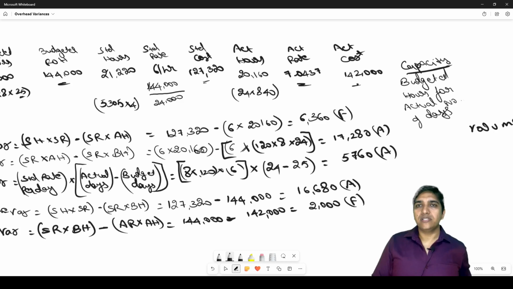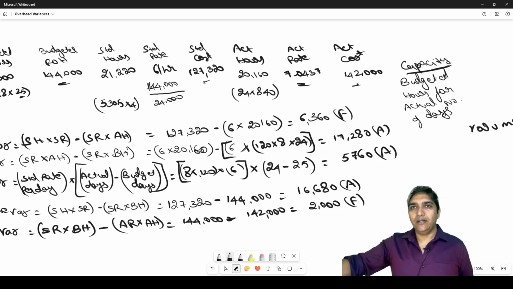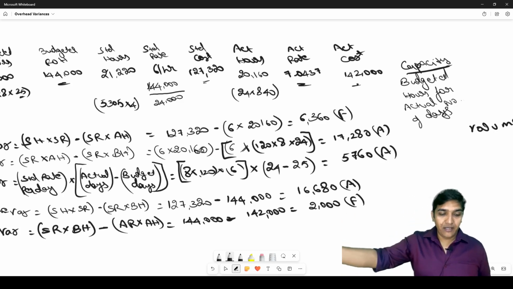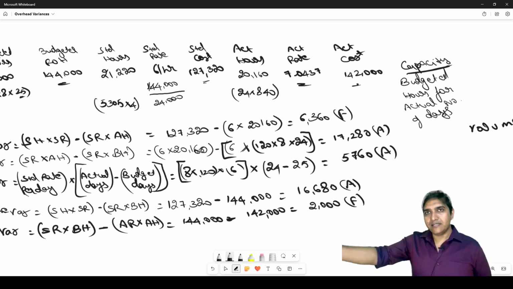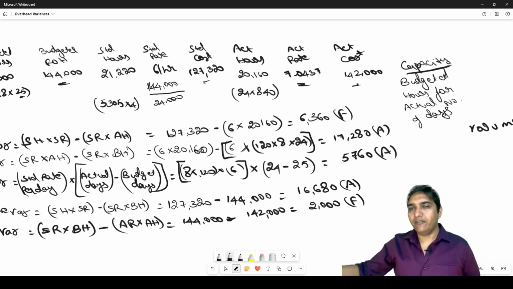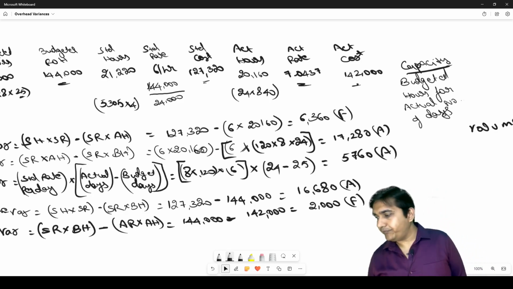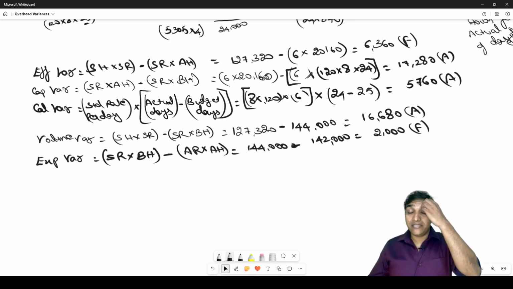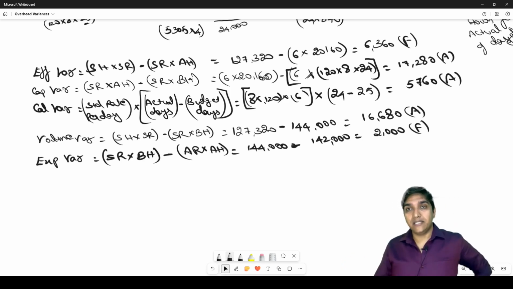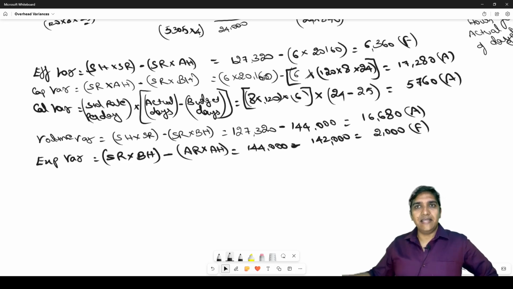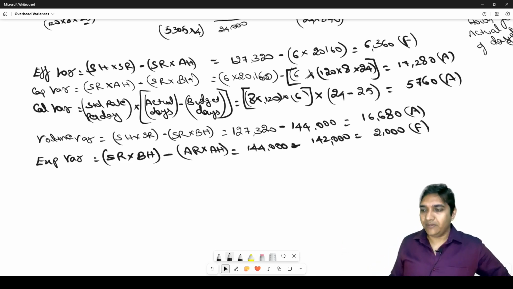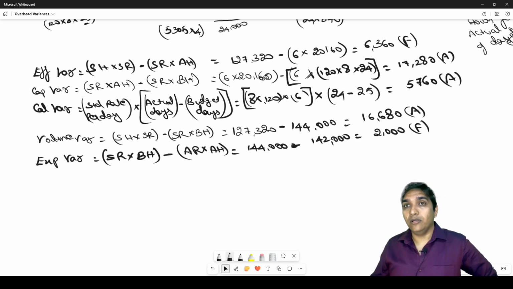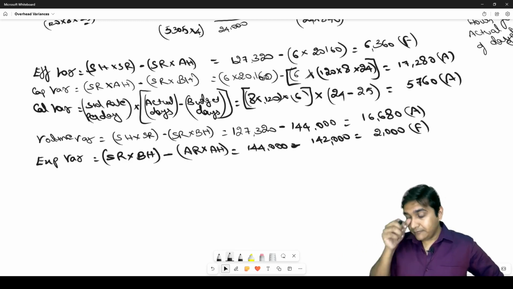So to avoid those situations, we can directly take whatever is our actual cost, the calculated figure, and compute it. And you can also do it in such a way that instead of writing standard rate into budgeted hours, you can take it as budgeted cost minus the actual cost. That is also okay. That would be better if you're not using the actual rate.